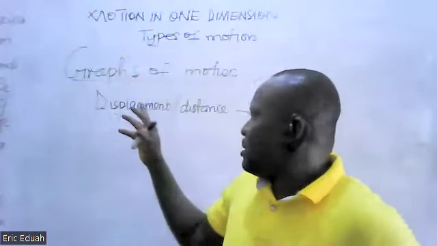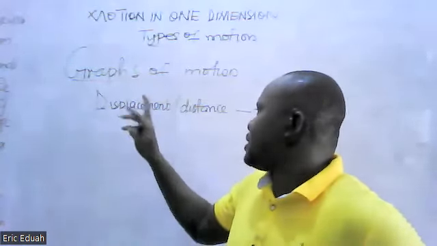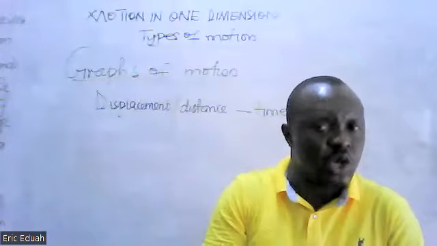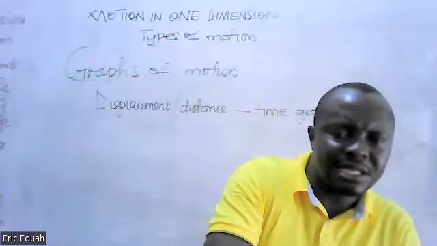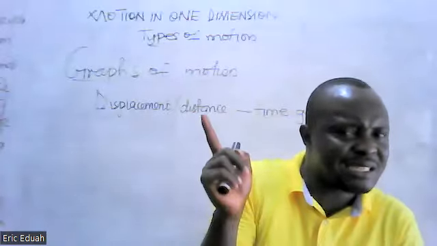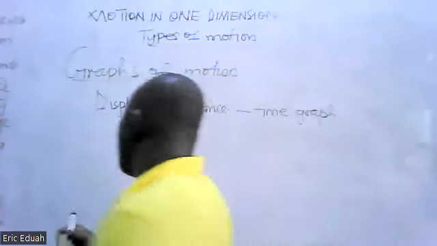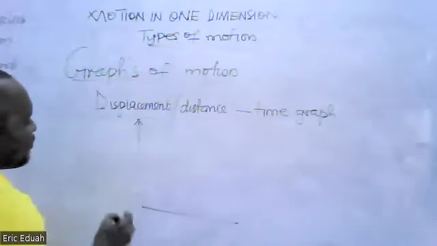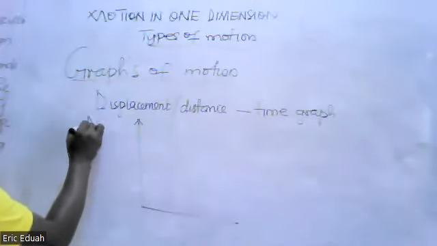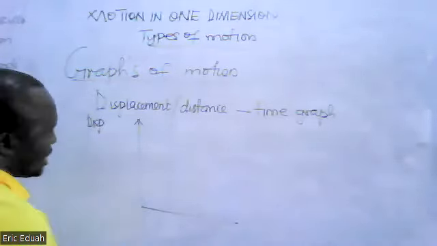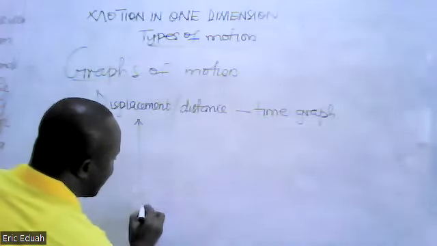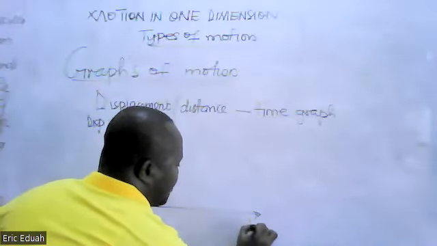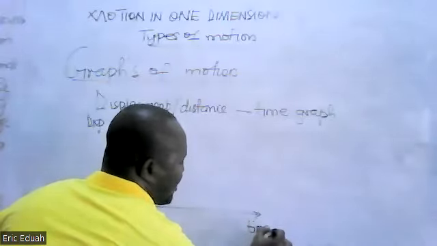So when we talk about either distance or displacement, we are overlooking the direction, but we are considering the magnitude. So either we plot a graph where the vertical axis can be displacement or distance, and then the horizontal axis is the time, the independent variable time.